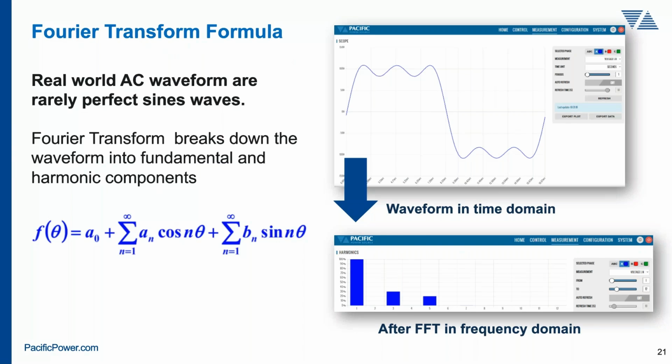Using Fourier transform, you can take a waveform that is in time domain, and after doing the fast Fourier transform, evaluate it in frequency domain. Here you can see the waveform that was the resultant, and then using the harmonic measurement capability, we were able to see the different components of this waveform.